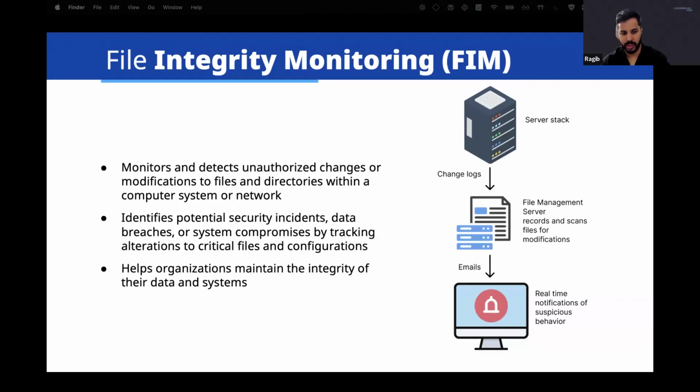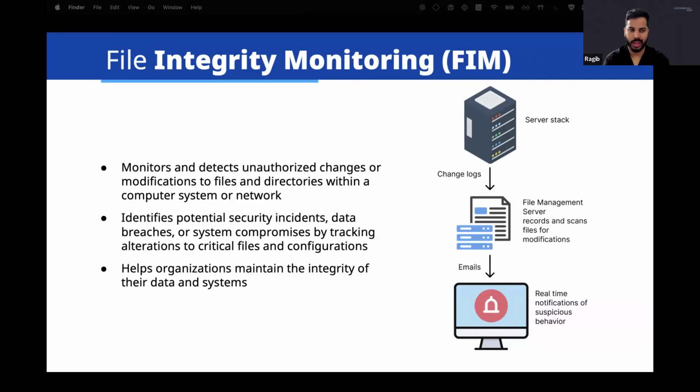This capability is vital because even small changes to important files can be signs of malicious activity. Ultimately, FIM supports organizations in maintaining the integrity and trustworthiness of the data and system, ensuring that their information remains secure and unaltered by unauthorized actors.